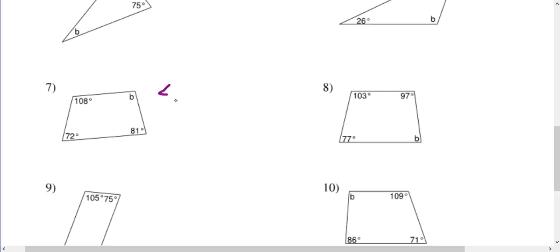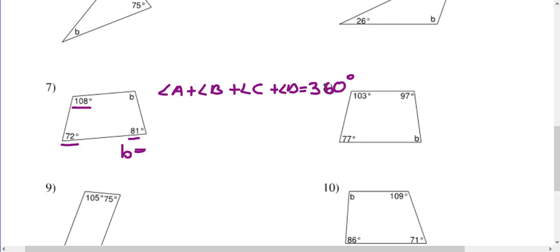So if I have angle A plus angle B plus angle C plus angle D, they add up to 360 degrees. So the strategy is still the same. In this case, to find B we're going to subtract 108, 72 degrees, and 81 degrees from 360. And that should be our angle B.